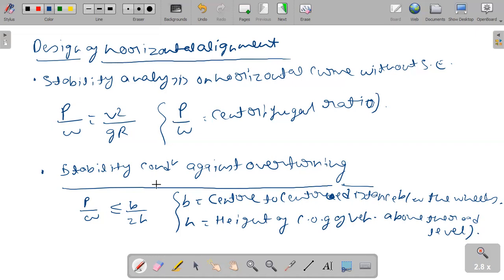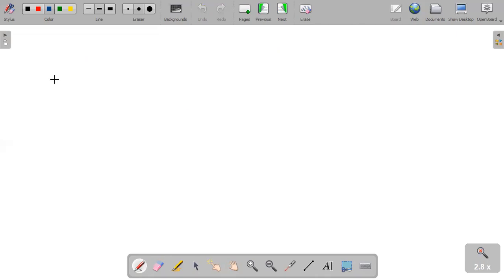Our next condition of design of horizontal alignment is stability condition against transverse skidding.